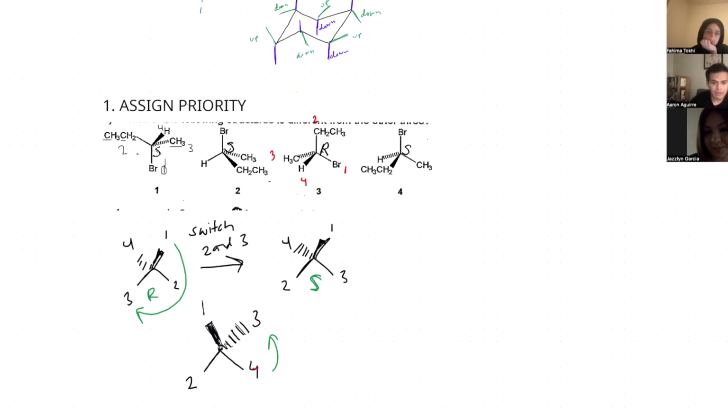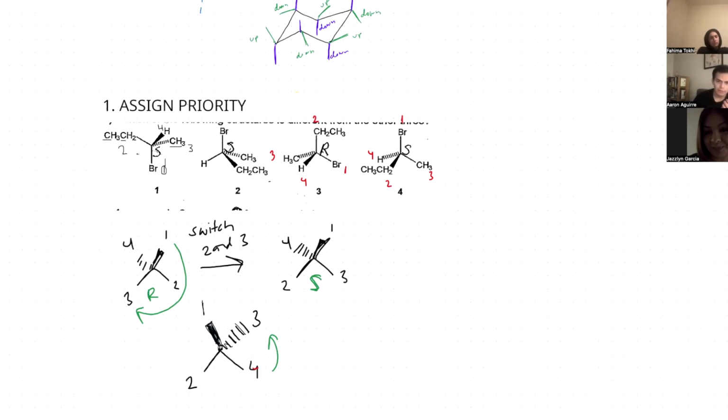Which is really easy on some of them, like on this one over here, on number four, you have a one, two, three, four. This one's easy to read because the H is going away, it's far in the back. You can just count this way, one, two, three. Then it's S because you're going counterclockwise. Because the lower priority is on the dash, it's far away, so it's pretty easy to read.